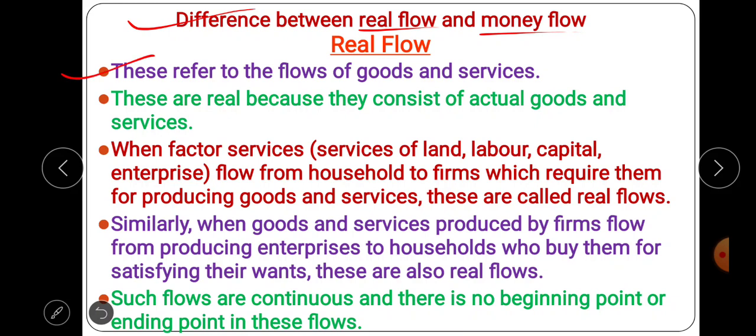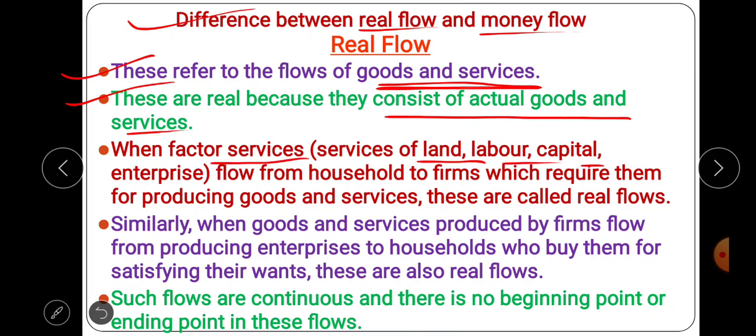This real flow refers to the flow of goods and services, in that the goods are transferred from one factor to another. Okay. So, these are real because they consist of actual goods and services, and when factor services, that is services of land, labor, capital, enterprise, flow from household to firm, which require them for producing the goods and services, this is called real flow.